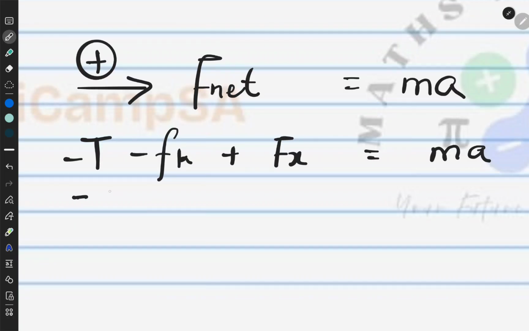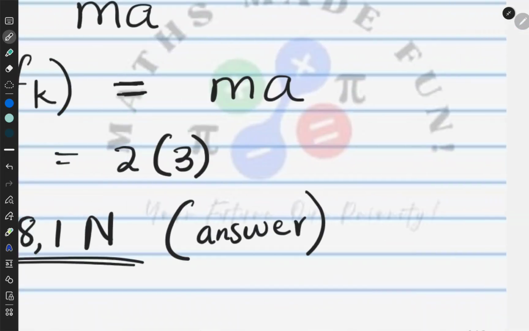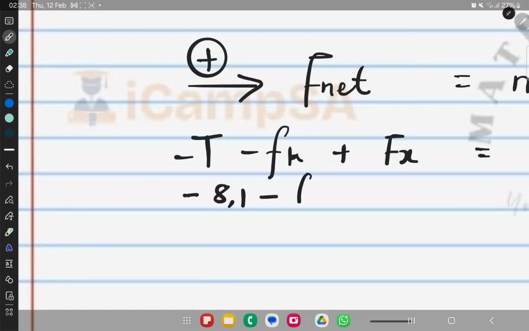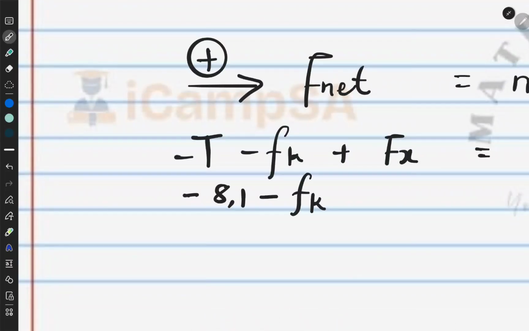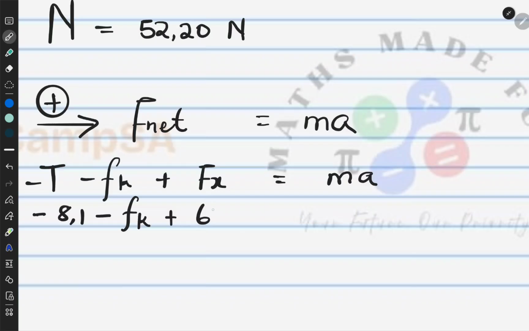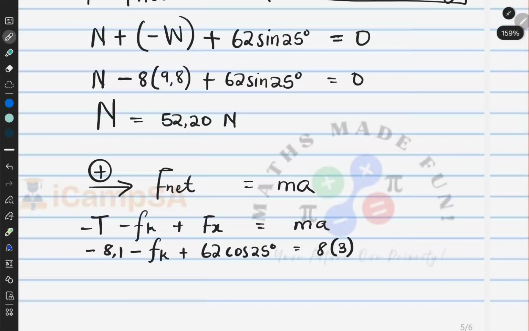Then minus T, which we said is 8.1, minus Fk, we don't know Fk, plus Fx, which is 62 cos 25 degrees, equals m, which is 8, times 3. Okay. Aha, now we can solve for Fk.